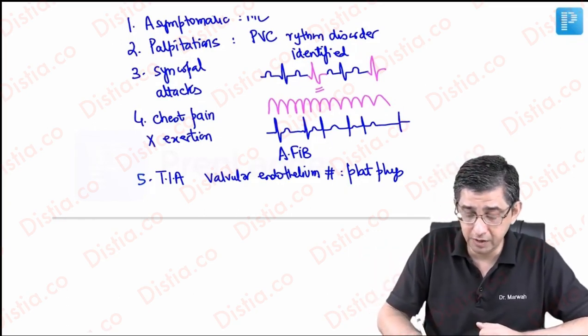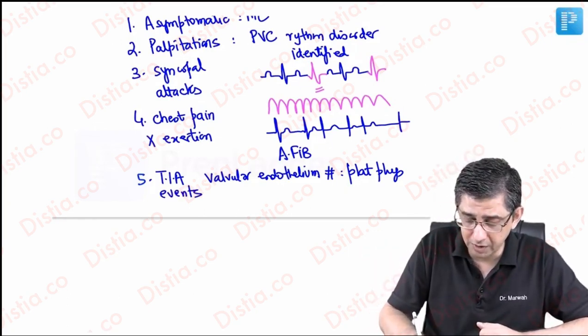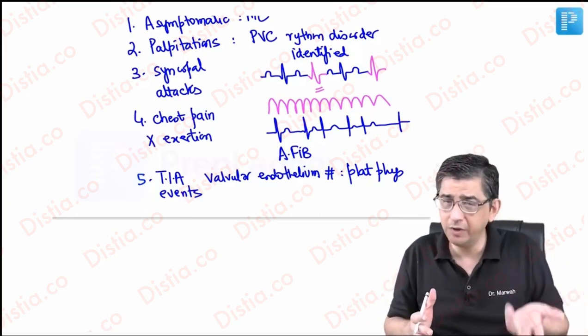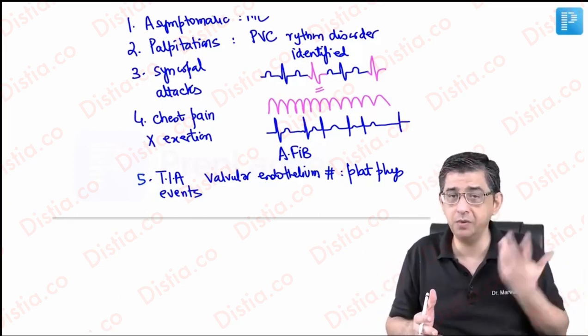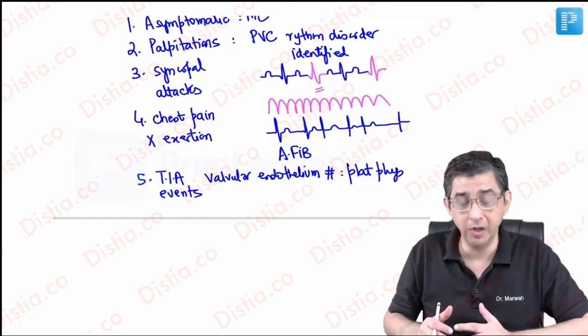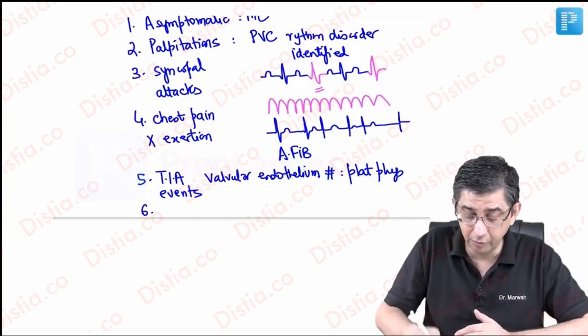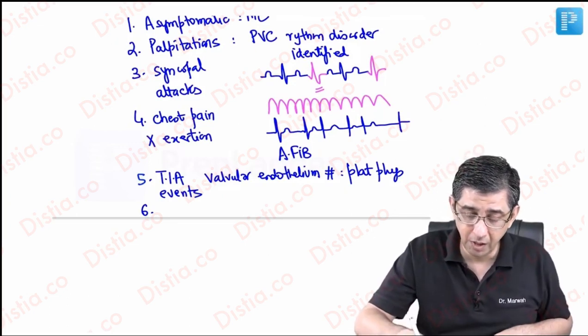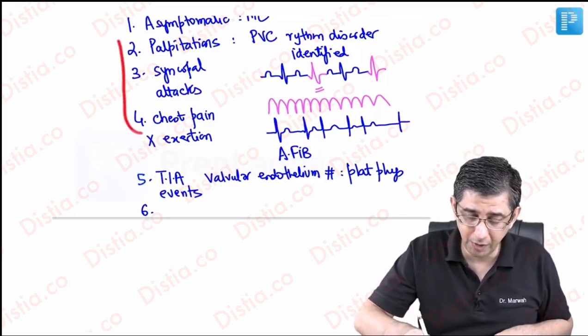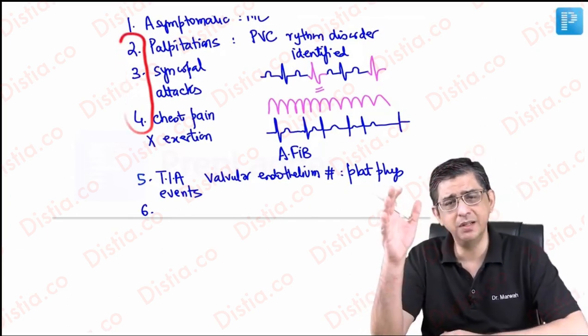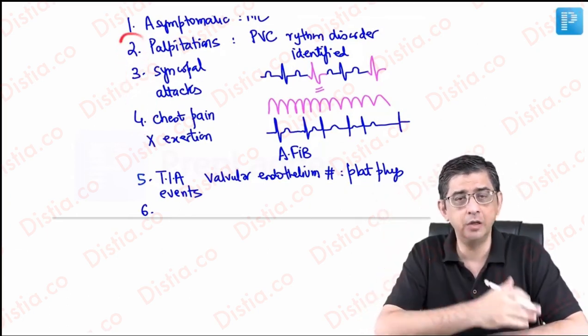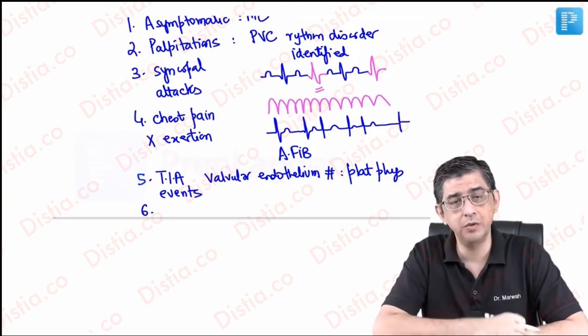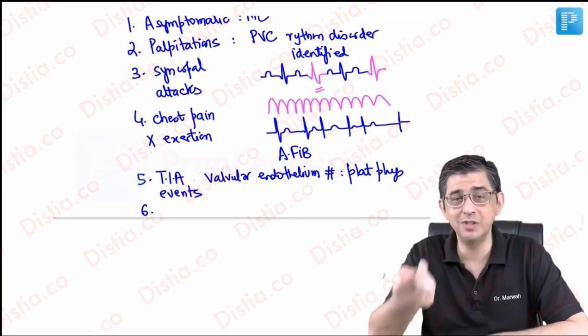So TIA events can also be reported in these patients, and it's not only arm weakness. It could be speech defects, it could be facial weakness, which can be reported, and in the exam, because they love to ask about atypical aspects, they can mix up this information. If you read about a young female having recurrent episodes of palpitations, dizziness and chest pain, you might think in terms of panic episodes or anxiety, but that is always a diagnosis of exclusion.